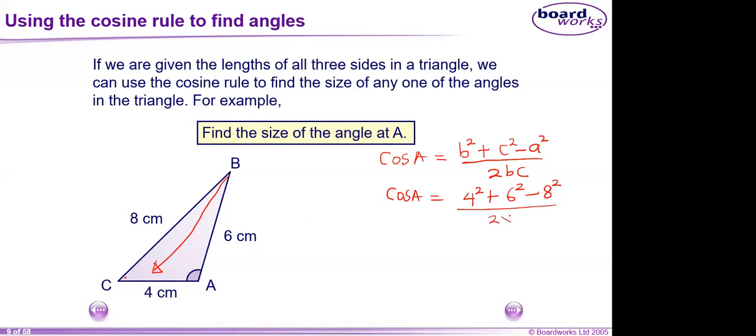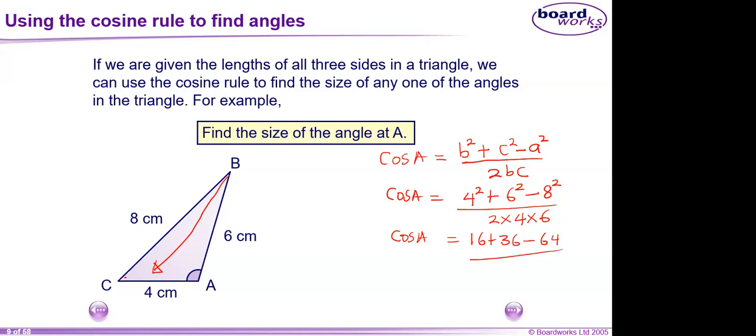Divided by 2 times what is B? 4, times 6. So I'll have cos of A is equal to, what is 4 squared? 16. Plus what is 6 squared? 36. Minus 8 squared? 64.